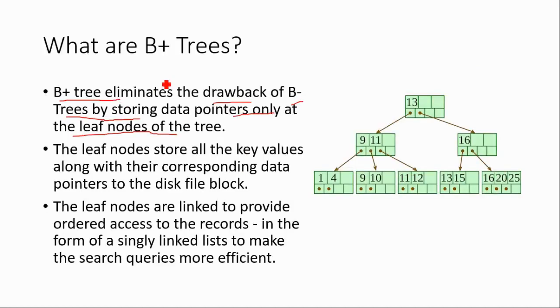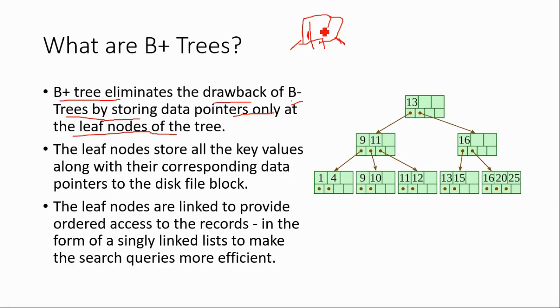But in B+ trees, a particular node contains only the key values, and then you have those subtree links which are also stored in the case of B trees.